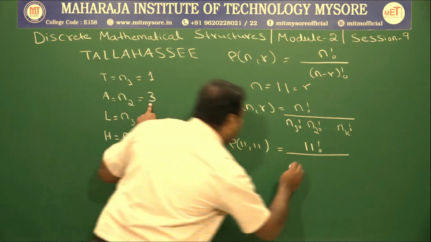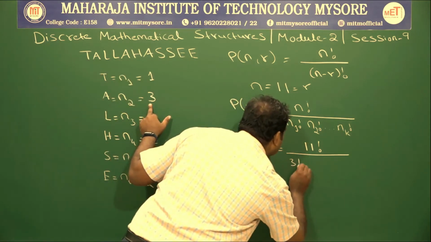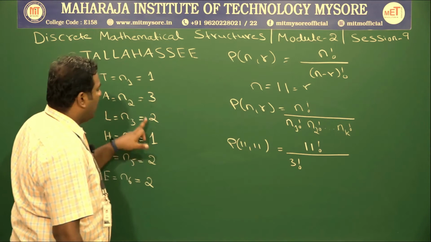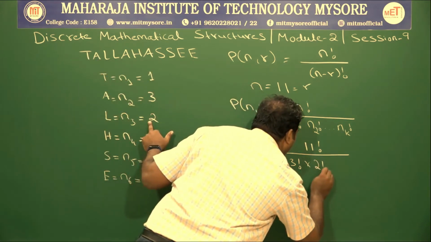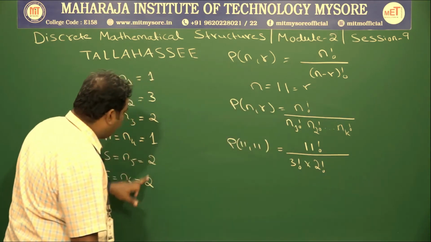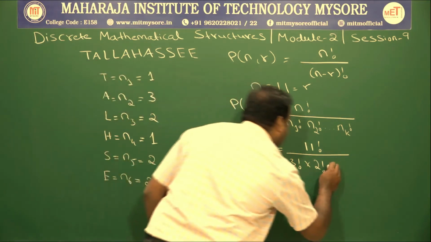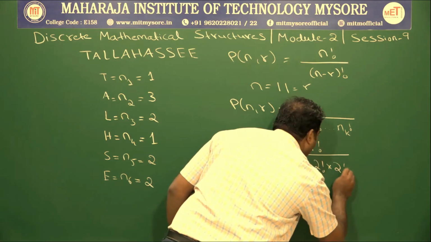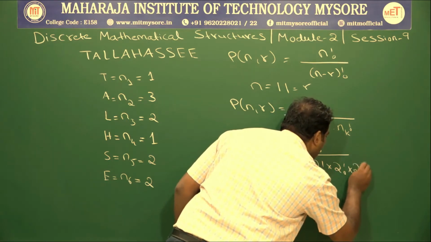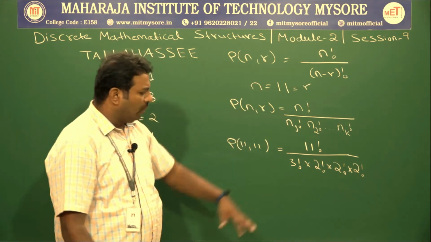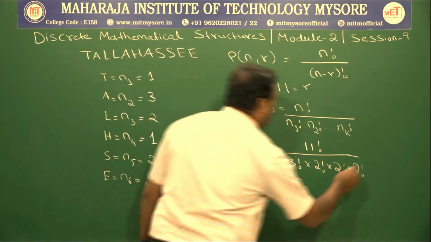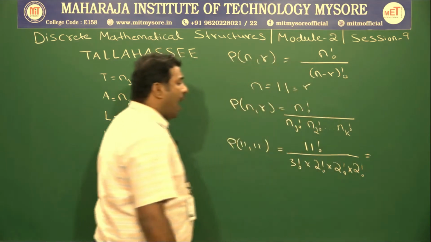So let me use 3 factorial, because this matters in the division, and 2 factorial. Multiply this with 2 factorial, again with 2 factorial, and again with 2 factorial. Now solve this, and you are going to find how many ways you can have the arrangement.